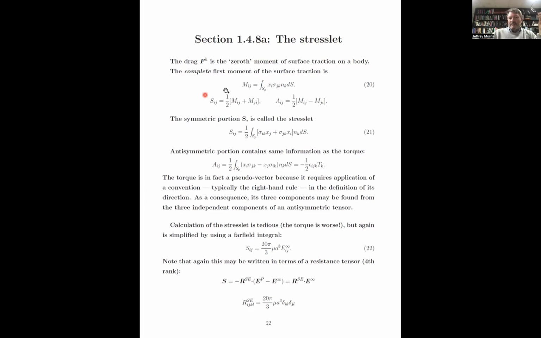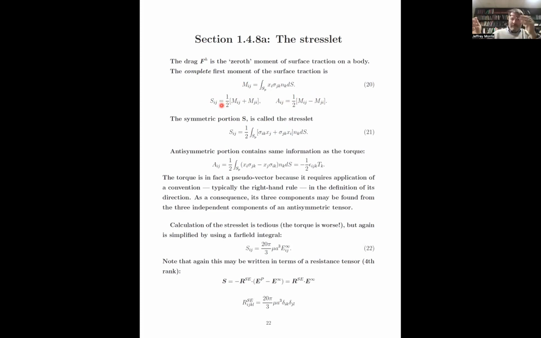If I take the symmetric part, where I take mij plus mji and divide by 2, I get the stresslet. And if I take the anti-symmetric part, I get mij minus mji, and that basically is then going to give me back the torque.